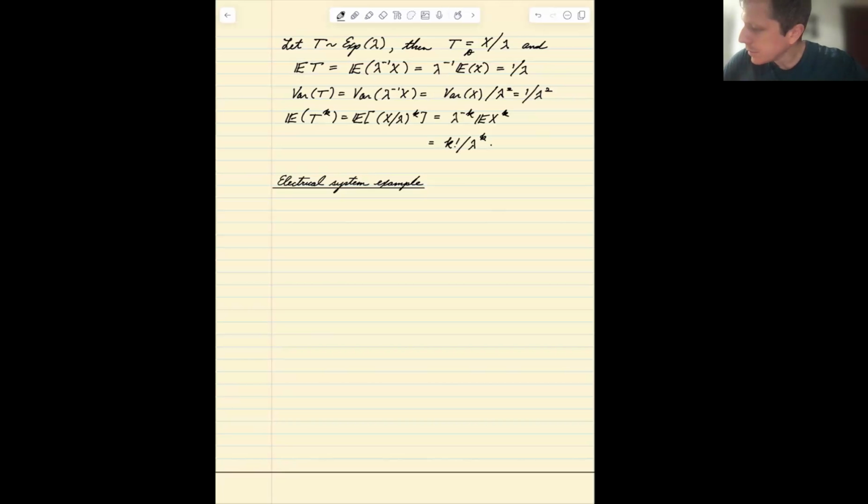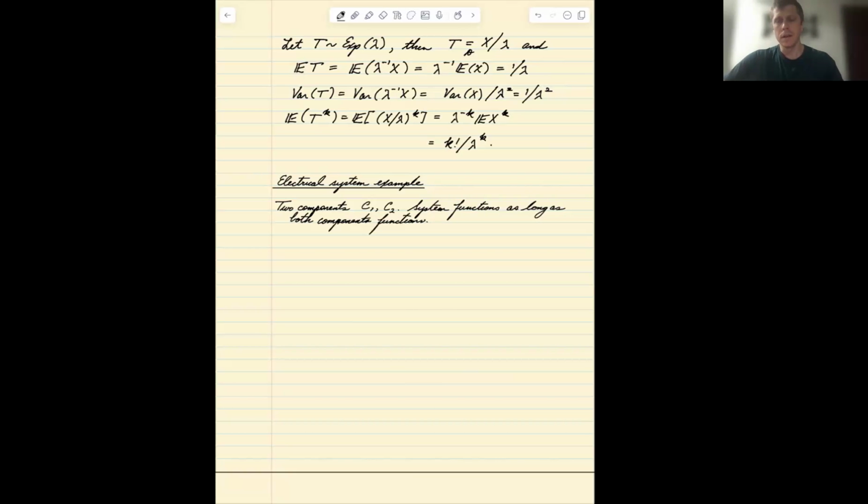We have two components, and we'll call them C1 and C2. And the system functions as long as both components are functioning. So we need both in order for the system to work.